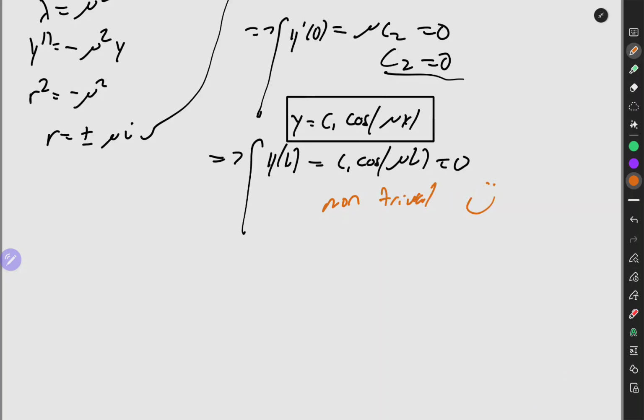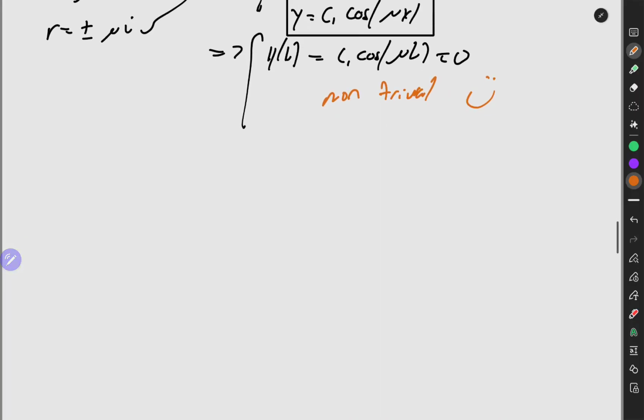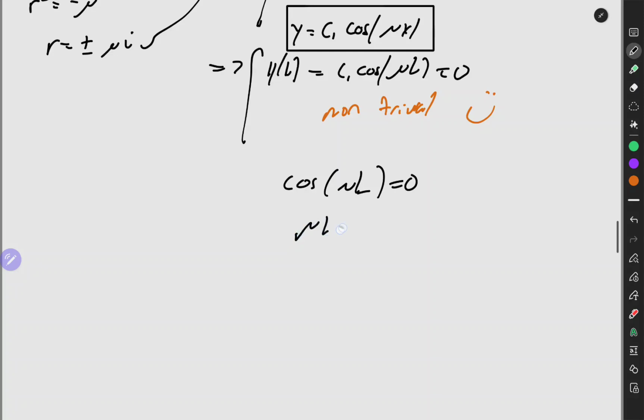Smiley face. So let's go ahead and, what makes this 0? Anything times pi, right? I think so. No, that's sine. That's sine. This has to be the 1/2 pi. So, oh, the 1 minus 1/2. That's pi.